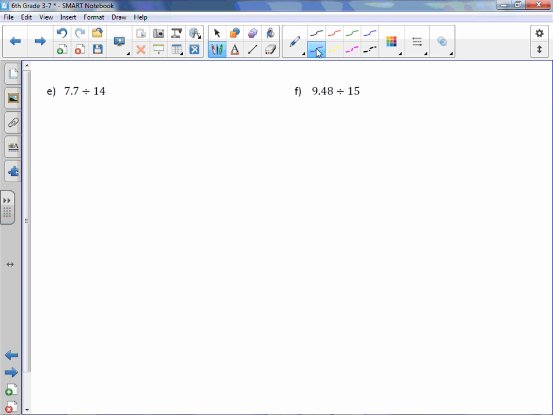7.7 divided by 14. Again, bring your decimal point up. 14 cannot go into 7, but it can go into 77. And here we have to figure out how many times. Well, take a guess here. 14 is close to 15. 15 times 5 is 75.